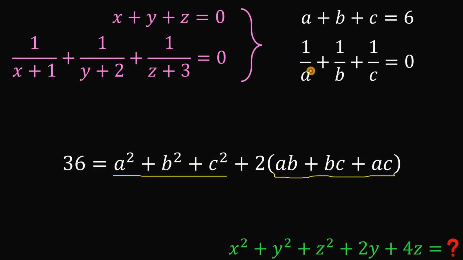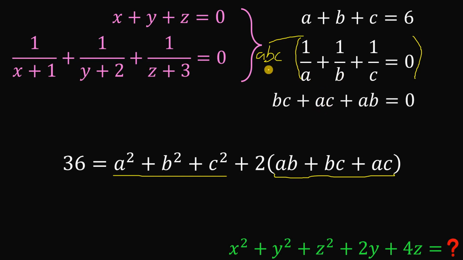So what we're going to do is, using the second equation, let's multiply this by a times b times c. So a times b times c times 0 is just 0. So the right hand side is 0. Now, if we multiply this by 1 over a, we have bc. If we multiply this by 1 over b, we get ac.